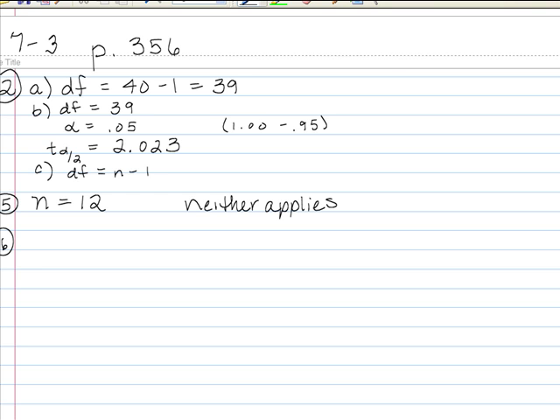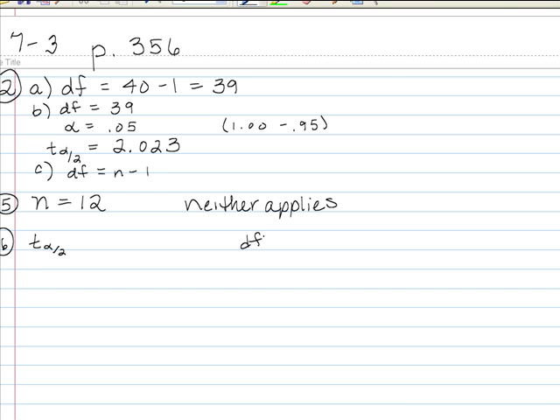We have 20. We know IQ scores are normal. So because of that and the fact that sigma is not known, we would have to use a t sub alpha over 2. And our degrees of freedom, we've got 20, would be 19.